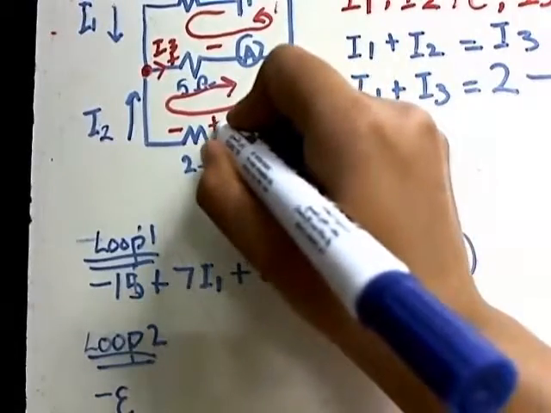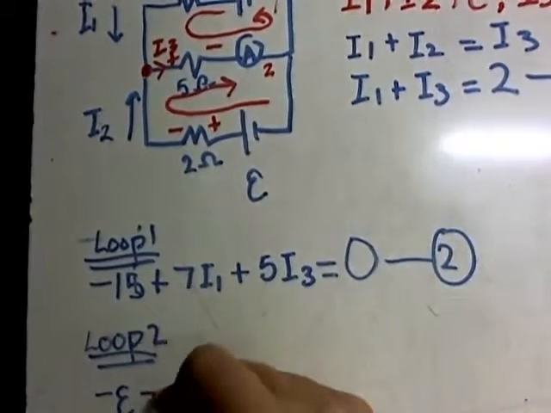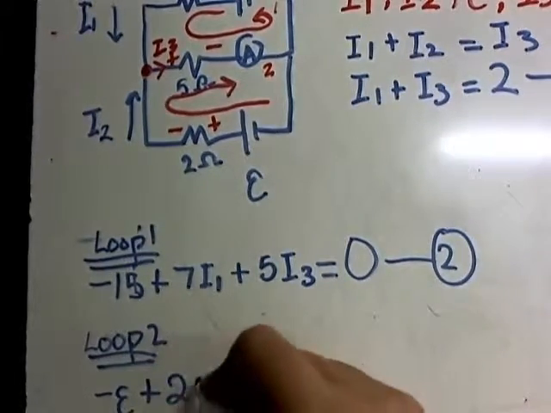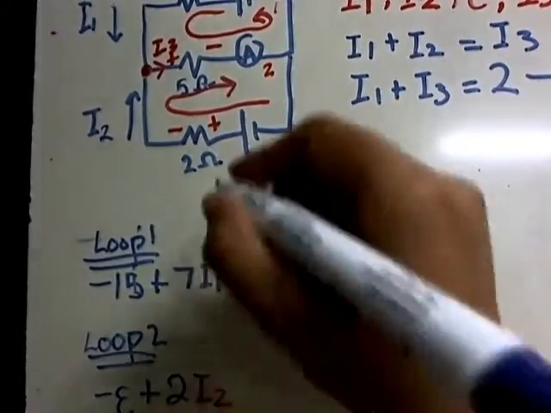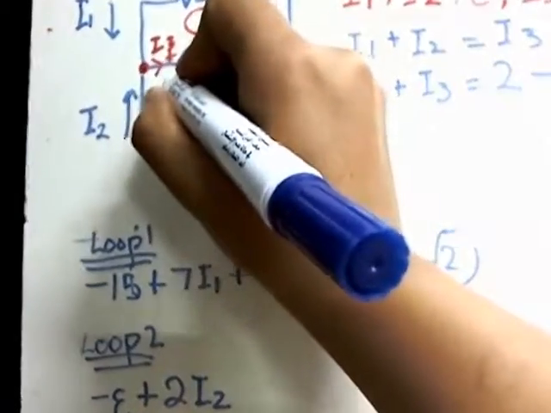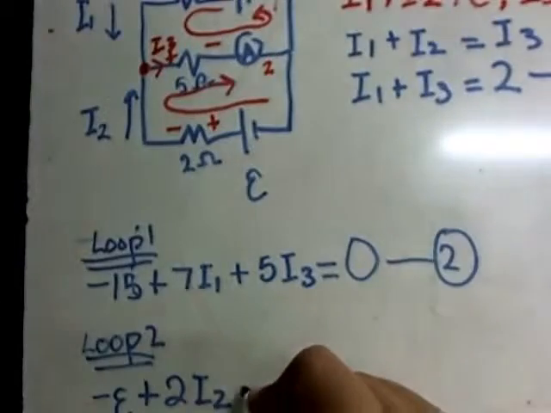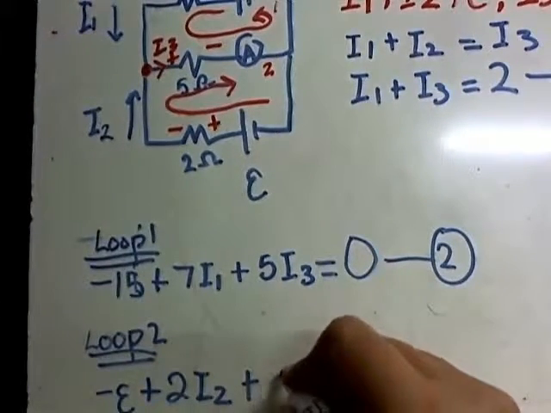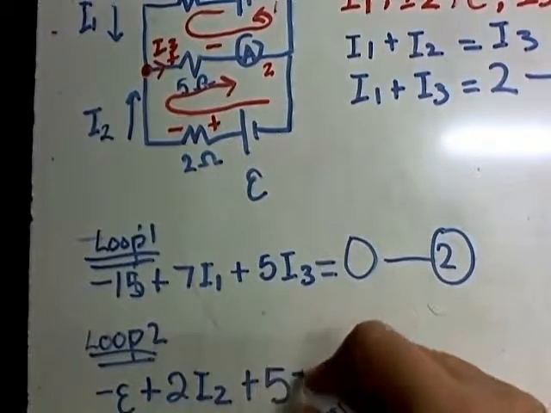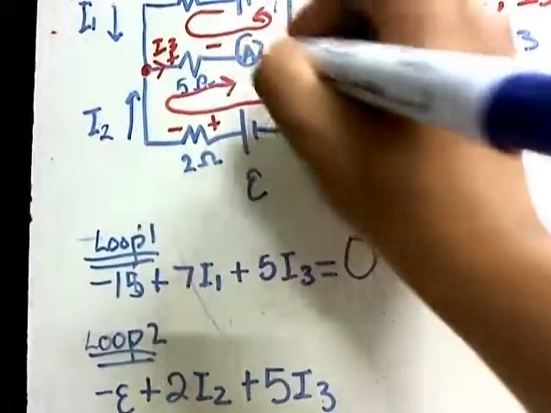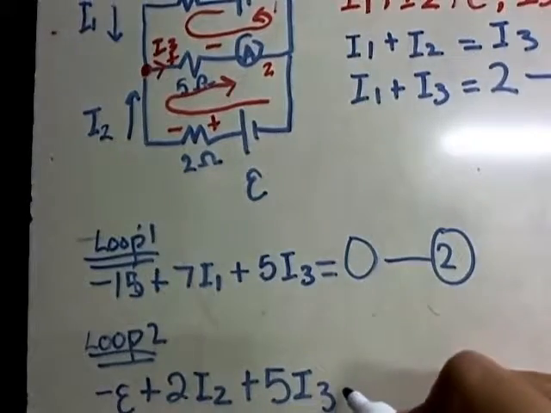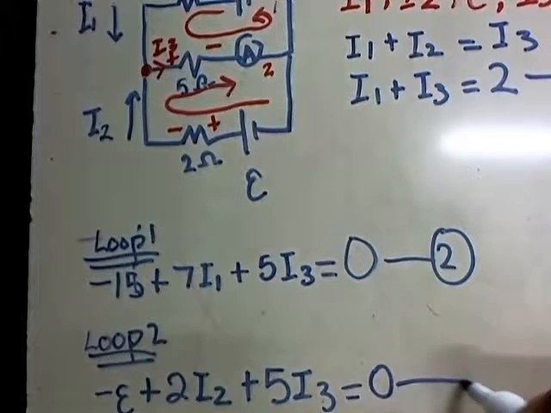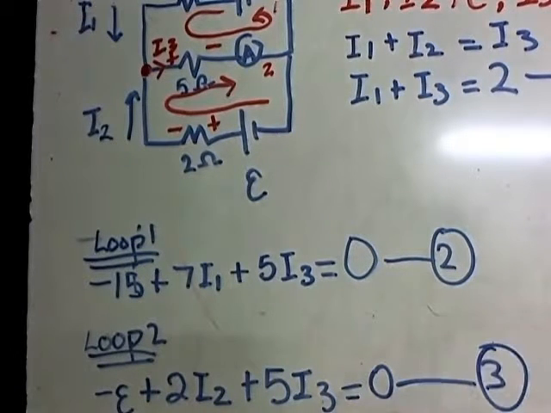Then it enters from the plus side, so the voltage is going to be positive 2 I2. And at this resistor, current enters in the positive terminal, so its voltage is plus 5 I3. Come around and you're done. Equals 0. And that's your third equation.